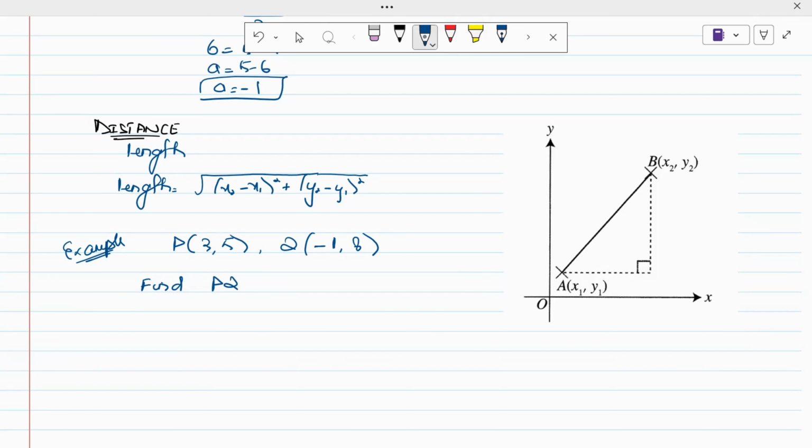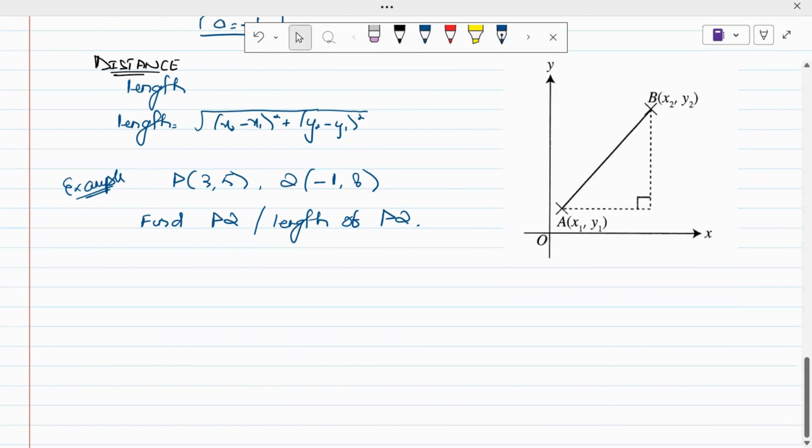Either it says PQ or it says length of PQ. They both mean the same thing. So we'll use the distance formula here, keeping in mind that 3, 5 would be x1, y1 for us, and -1, 8 would be x2, y2 for us.